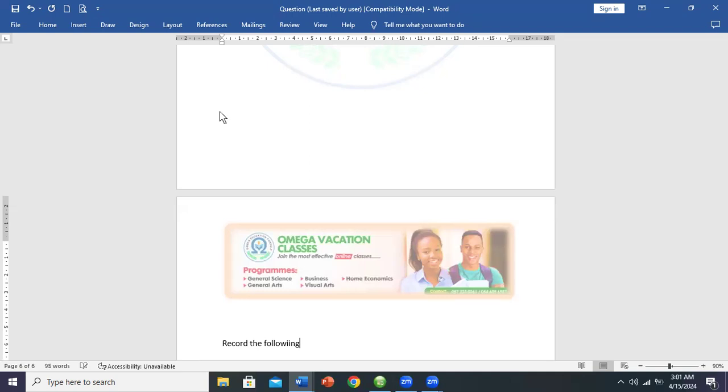Okay, so let's get the question. Just some few transactions, not plenty. Record the following in the appropriate journal and post to the ledgers.